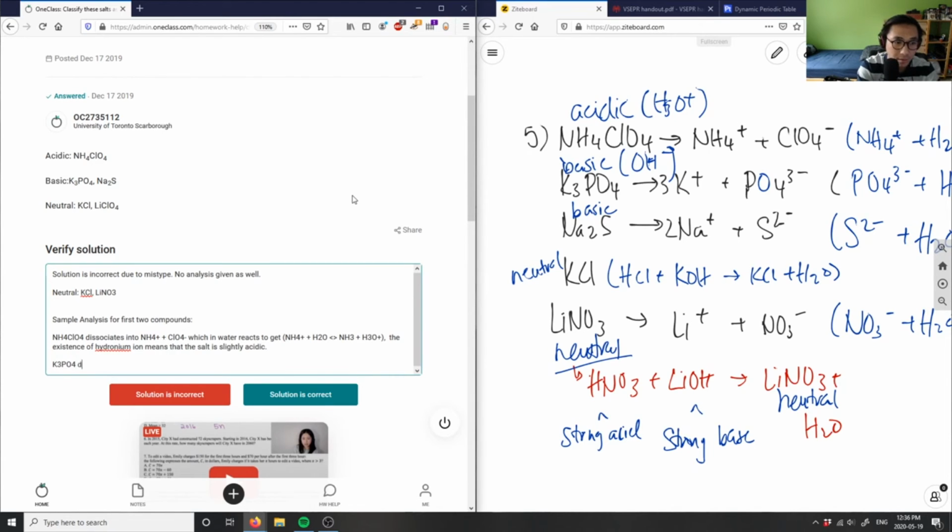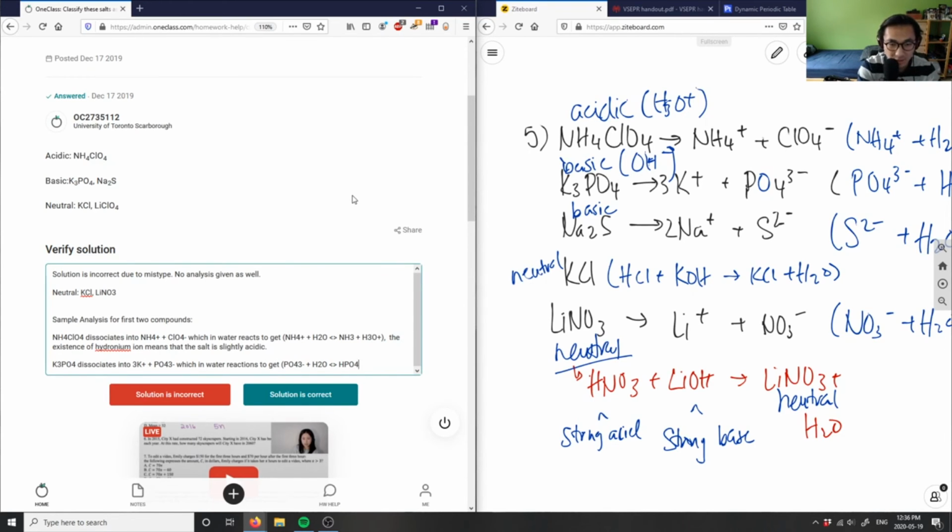K3PO4 dissociates into 3K plus and PO4 3 minus, which in water reacts to get PO4 3 minus plus H2O, reacts to form HPO4 2 minus plus OH minus here.